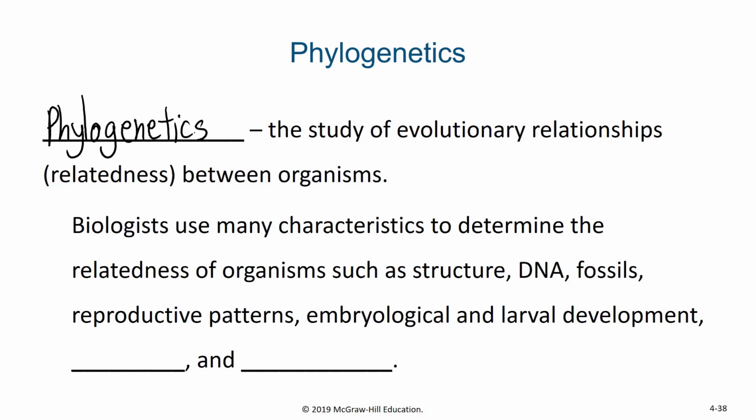Biologists need to use many characteristics to determine the relatedness of organisms, such as their structure, their DNA, fossils, reproductive patterns, embryological and larval development, habitat, and behavior. All of these can be used to varying degrees to determine relatedness of different organisms.